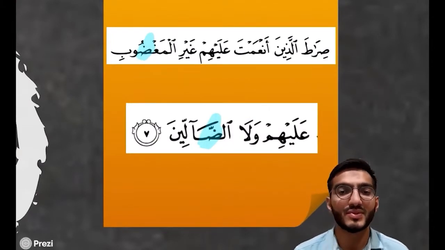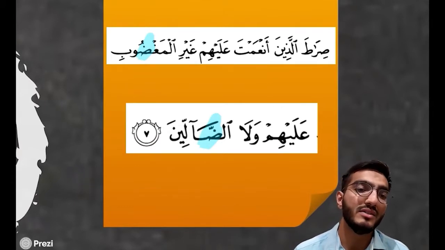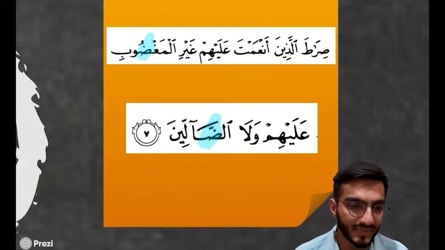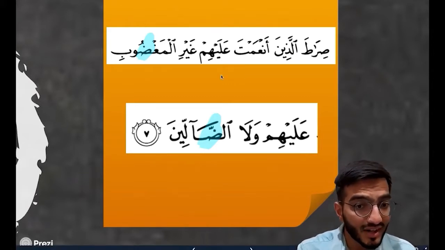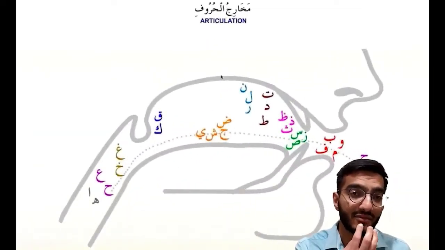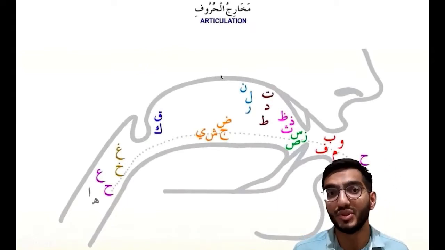So the first one is صراط الذين أنعمت عليهم غير المغضوب عليهم ولا الضالين. Note, these two are Dad. The Dad that is the one from the tongue raised to the top side of the mouth. Dad.